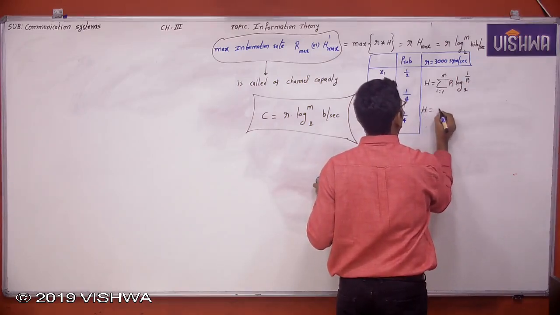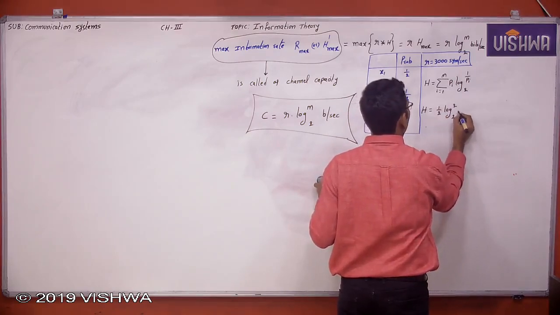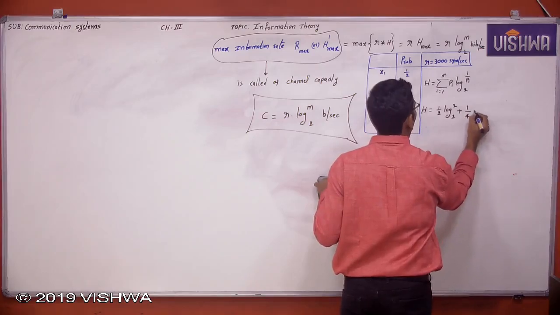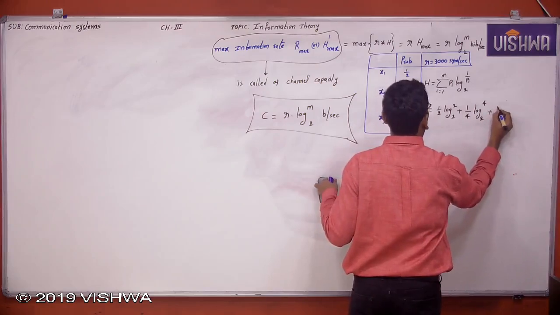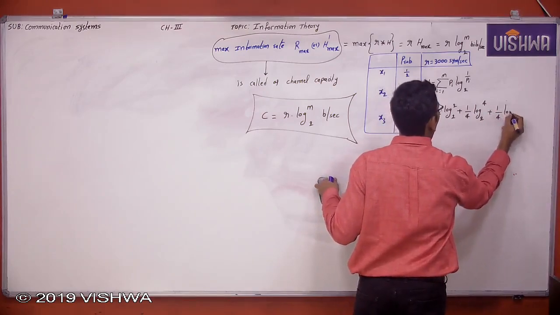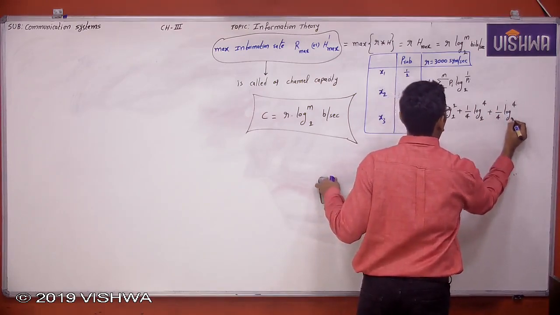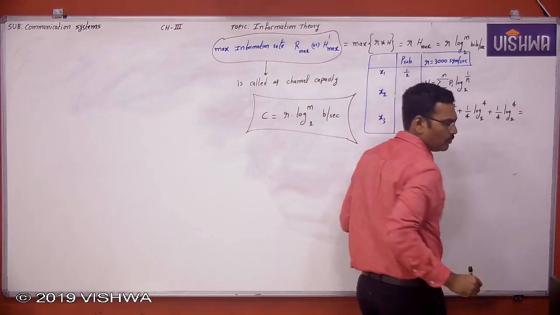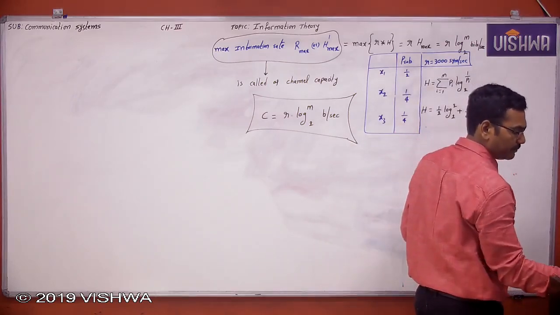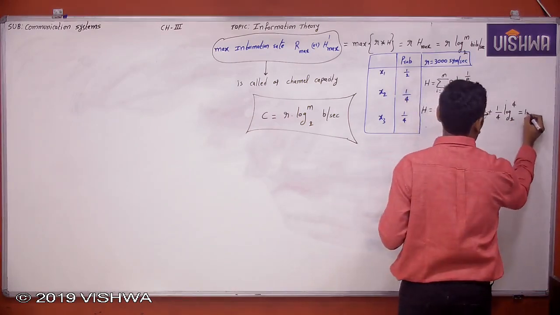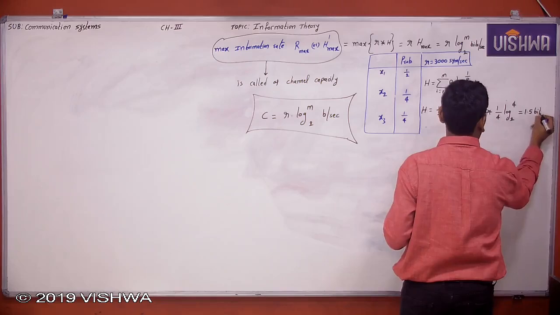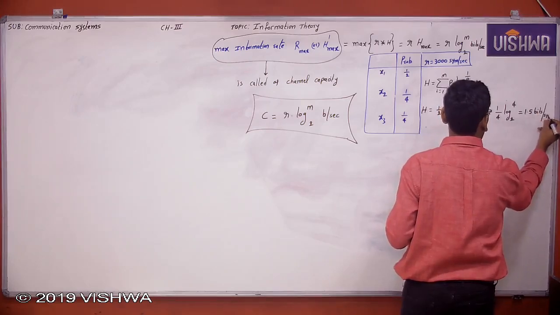Therefore entropy H is equal to 1 by 2 log 2 base 2 plus 1 by 4 log 4 base 2 plus 1 by 4 log 4 base 2, which is equal to 1.5 bits per symbol.